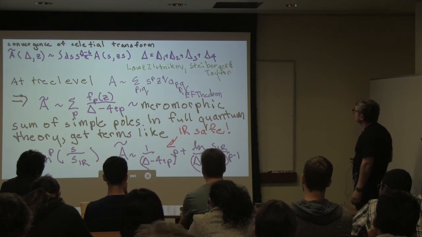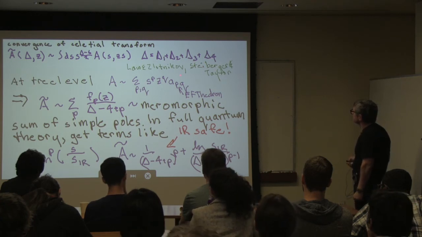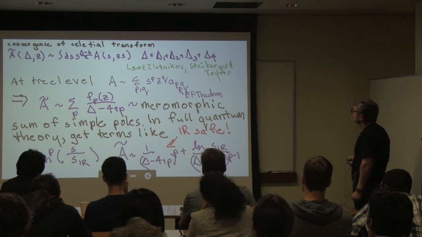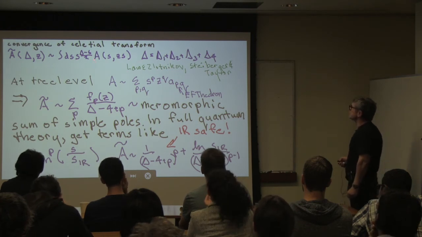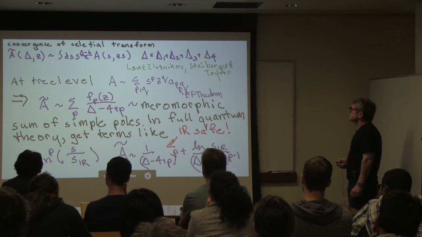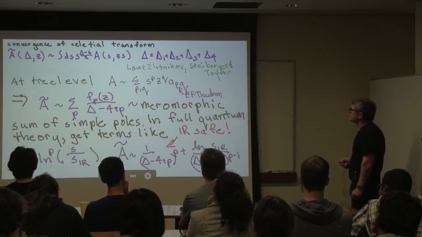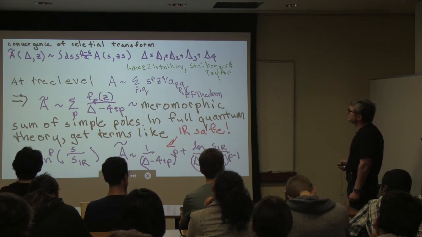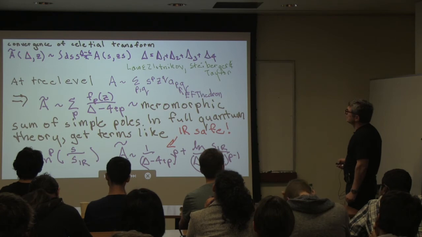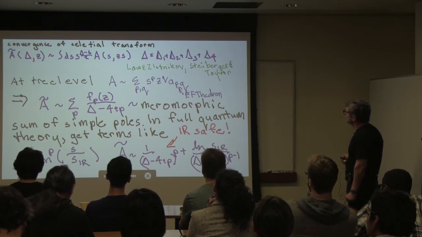Now, it's maybe not so surprising, but these people have shown that the celestial 4-point amplitude can be written in a form so that there's some kinematic prefactors here, but the guts of it depend only on two things, one of which is the sum of all 4 conformal weights.